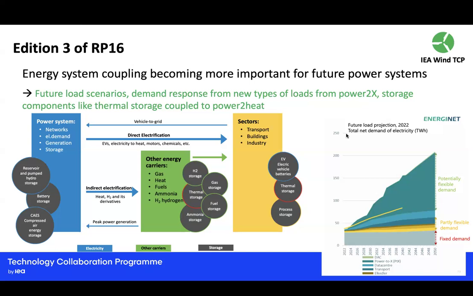You will have electric vehicles, and direct electrification options that you see directly in your power system. But you also should take into account indirect electrification, like power to heat with heat storages, power to hydrogen, e-fuels, hydrogen derivatives, chemicals, ammonia, whatever, with the storage buffer possibilities there.